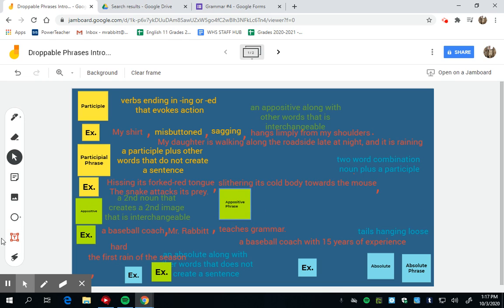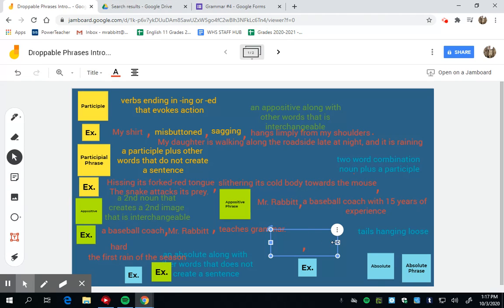So I've got to re-add these in. Give me a second. So we'll go Mr. Rabbit again. That will be our subject, okay? We'll put that right here. And then I'm going to go a baseball coach with 15 years of experience as my positive phrase. Put my comma right here. Let's put another text box in here.